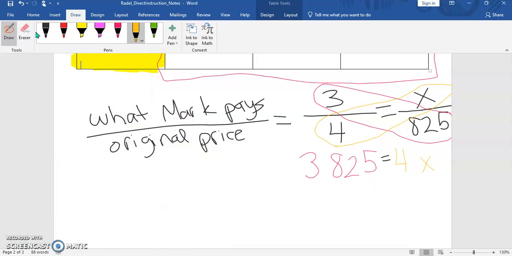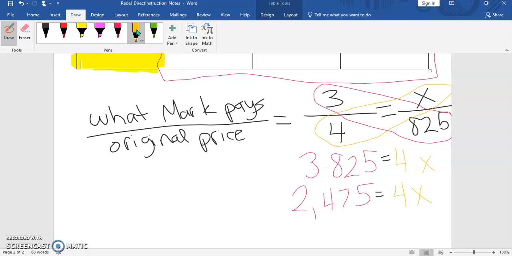Okay, so on the right-hand side, let's put $2,475. And I haven't changed the equal sign, so let's copy that down. And I haven't changed the right-hand side, so let's copy that down.